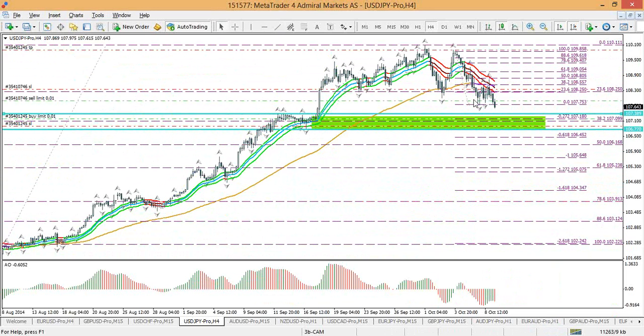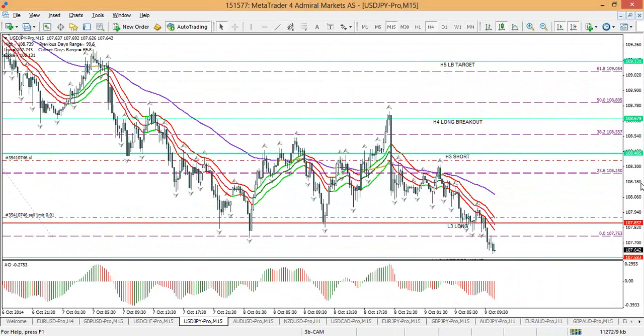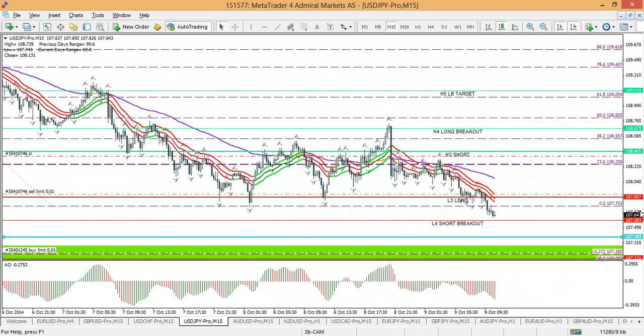Good. Let's see. I'm just including this level as well, this bottom. A bounce from Camarilla L4. Yeah, that definitely does happen often indeed. An L4 bounce.